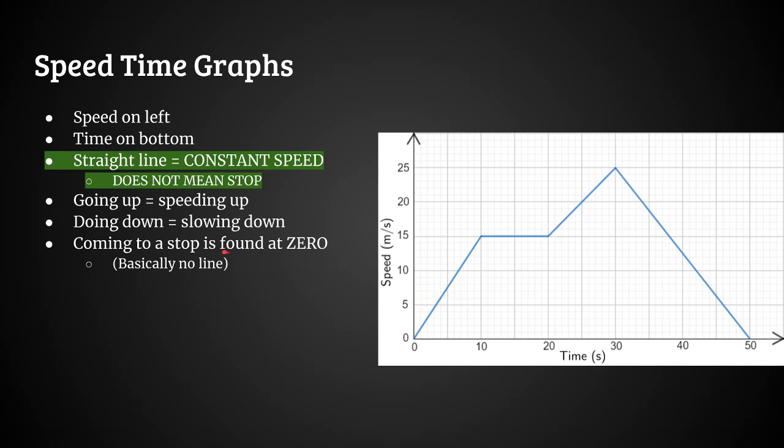I can't math right now, but you get what I mean. So a straight line is constant speed on a speed time graph. Do not get that confused. And coming to a stop would be at the very bottom right here, where there would not be any speed. You'd just be there.